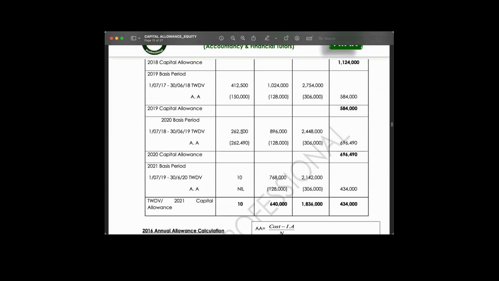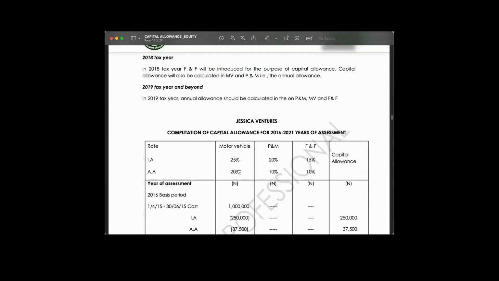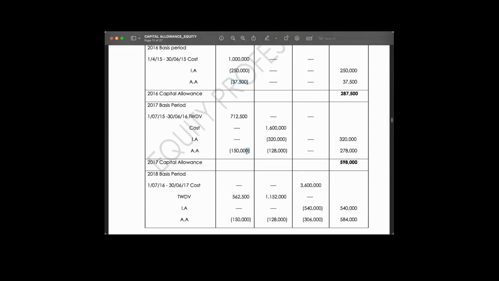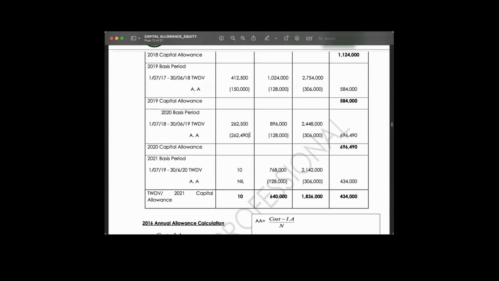Therefore, this first asset is supposed to use 5 years. So it has used 1 year, 2 years, 3 years, 4 years. This is the 5th year.